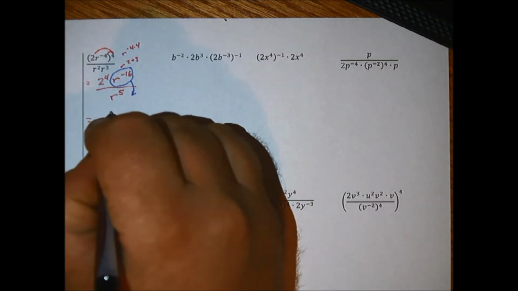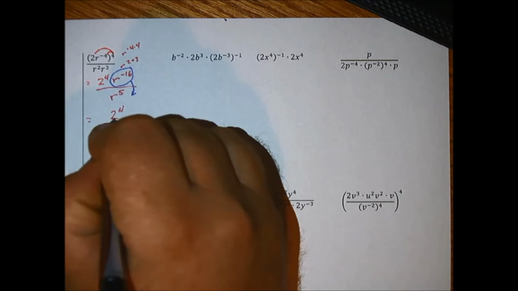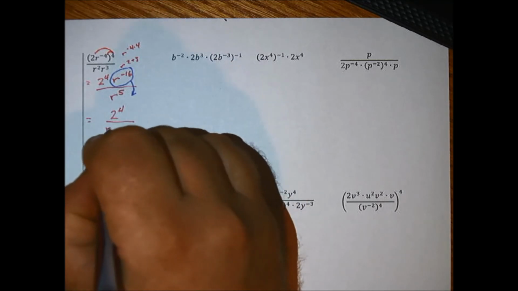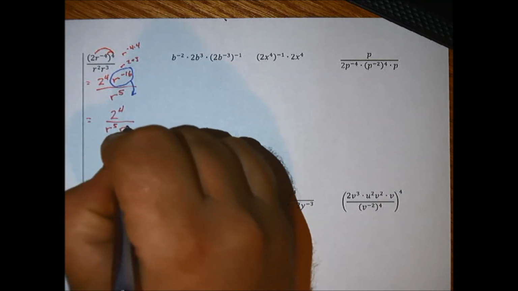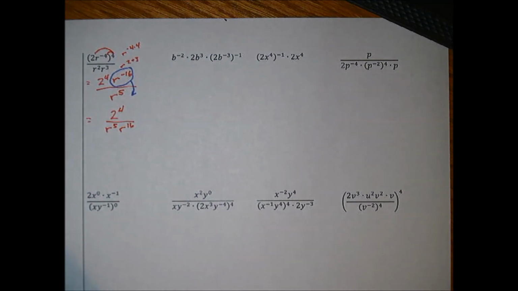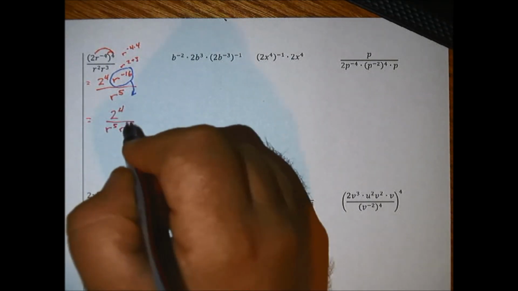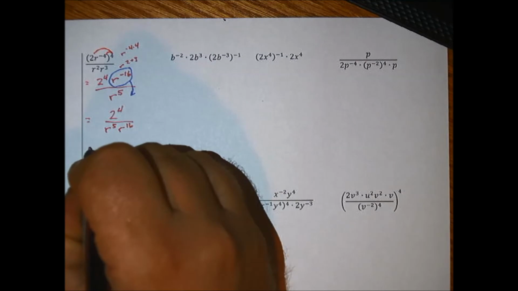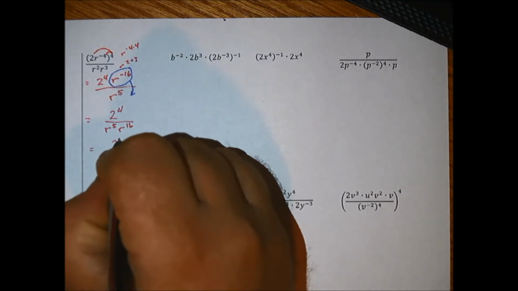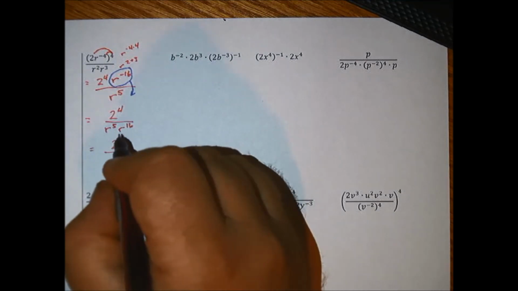That's a real good trick. So on the top I only have 2 to the 4th. On the bottom I have r to the 5th and r to the 16th. Notice how I just moved it into the denominator and made it positive. If I had a negative down below, I'd move it into the numerator and make it positive. It's a really good trick, saves you a bunch of time, and actually saves you a step.